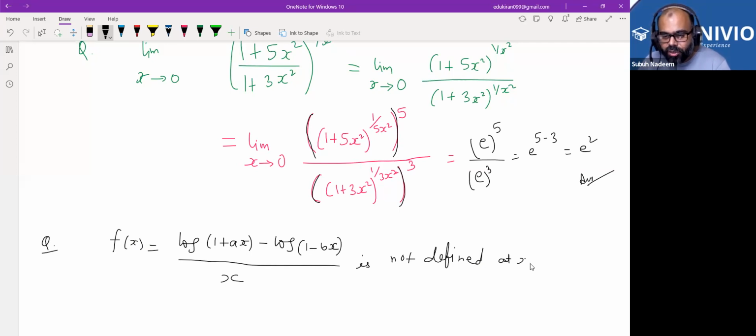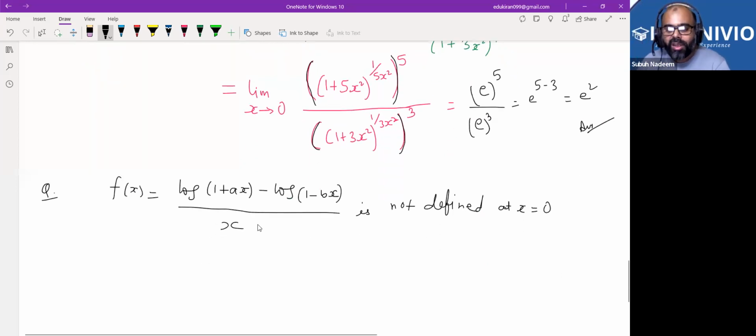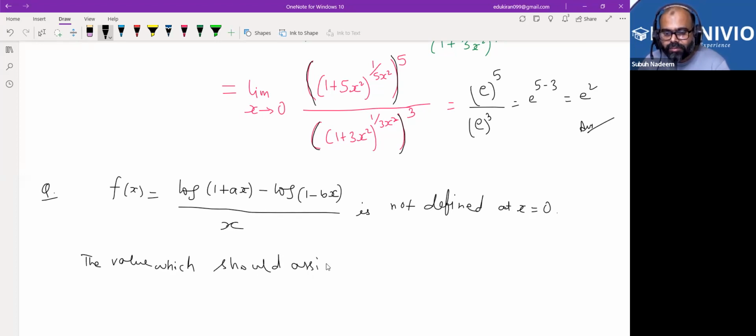Fine. So that we can see also it is not defined at x is equal to 0, as it is 0 by 0 exactly. The value which should be assigned to f(x) so that it is continuous at x is equal to 0.